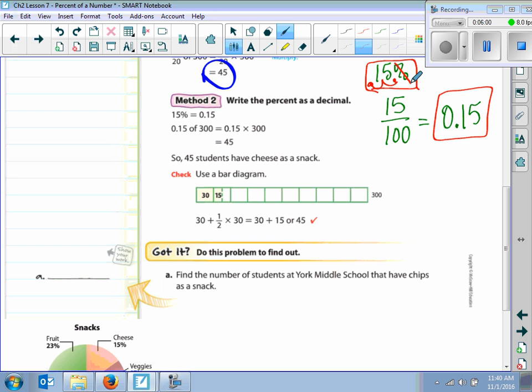Is everybody with me? So 15% as a decimal is 0.15, and then we're going to multiply again times the number of students that we're surveying. So 0.15 times 300 again will give us 45.